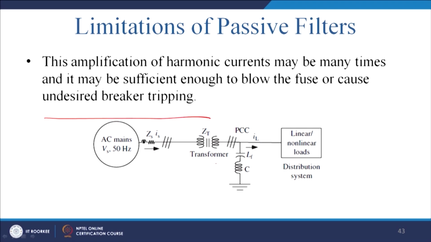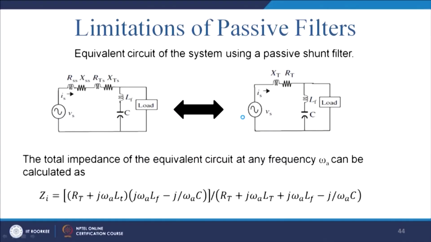This is a 50 Hz supply, there is a transformer, there is a PCC, and you have a nonlinear load. What happens is that this leakage reactance and this capacitance may set up a resonance, and if that resonance is at the fifth harmonic, then there will be amplification of the fifth harmonic, and high fifth harmonic current will flow, and it may cause malfunction of the relay. So, the equivalent circuit can be like this.